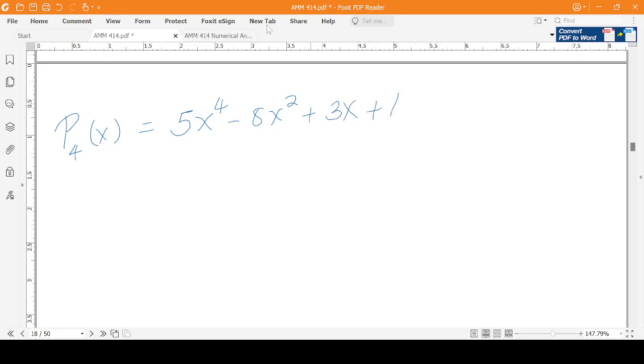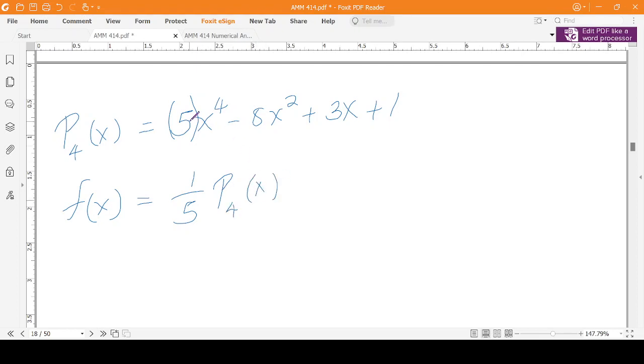This is a polynomial of degree 4, and it is not monic because the coefficient of x raised to power 4 is 5. So we can generate another polynomial. Let me just call it f of x for now, and we define it as 1 over 5 times p4 of x.